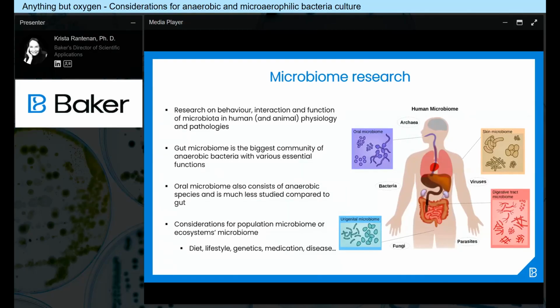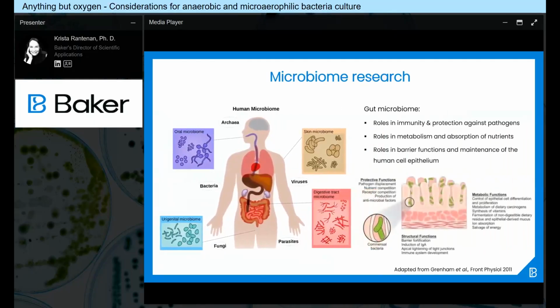So let's take a deeper look at the gut microbiome, as I promised. There are literally billions of bacteria and other microorganisms lining the gastrointestinal tract, and possibly up to 1,000 different bacteria species in the gut, so quite a lot. Specifically, it's the large intestine that harbors the largest ecosystem of anaerobic bacteria in the gastrointestinal tract.